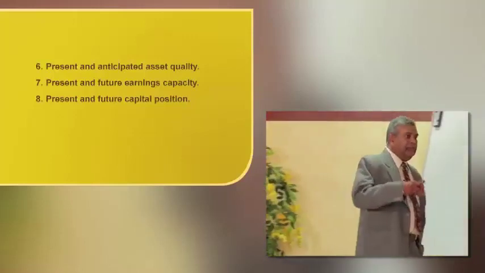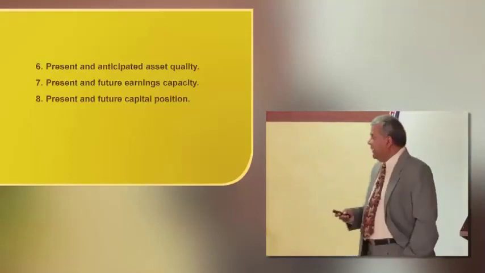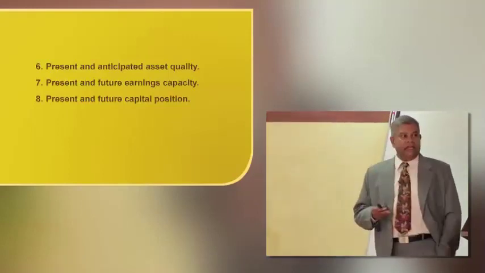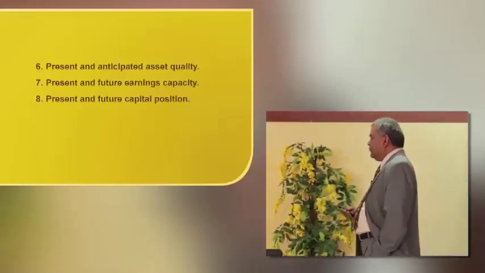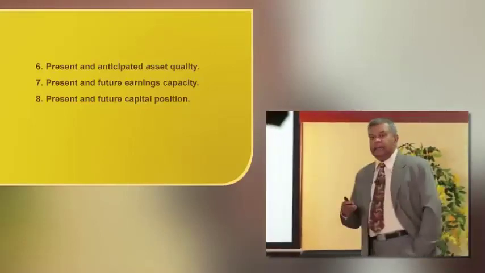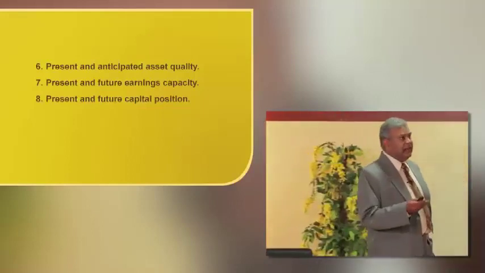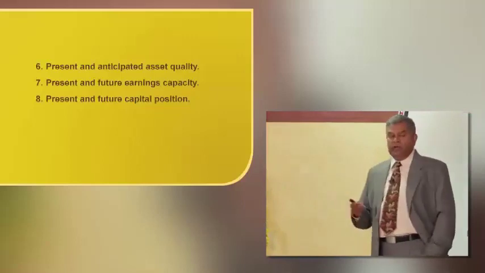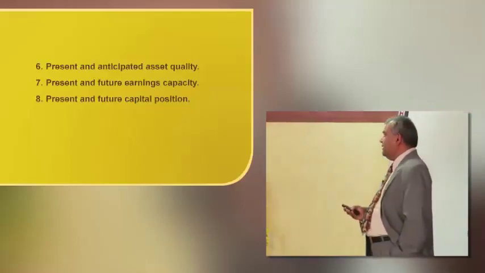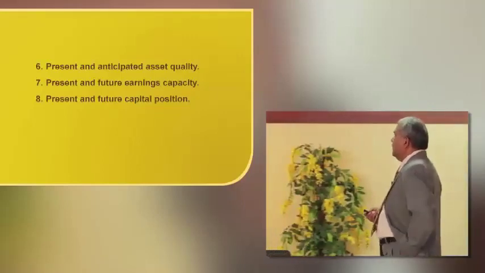That's why it goes from performing to non-performing. 8. Present and future capital position. If they have surplus capital more than required, that capital can be released for meeting the liquidity outflows. So if I have good capital, more than required, that can also be used.